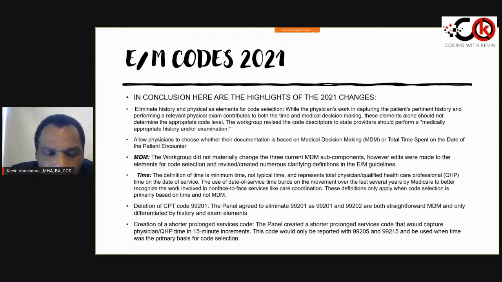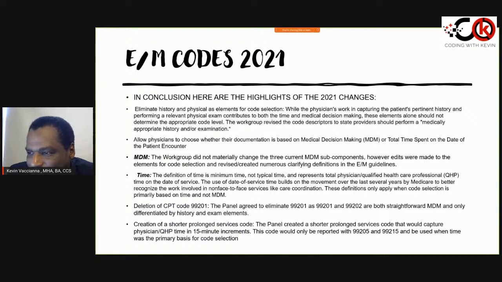The work group revised the code descriptors to state providers should perform a medically appropriate history and or examination. It allows for physicians to choose whether their documentation is based on MDM, medical decision making, or total time spent on the date of the patient encounter.